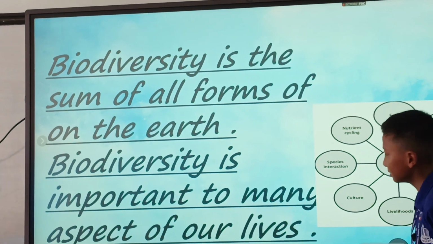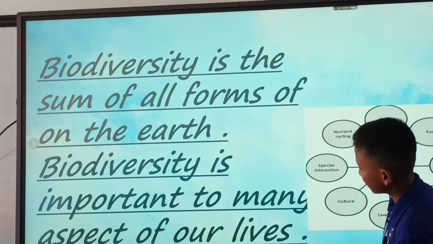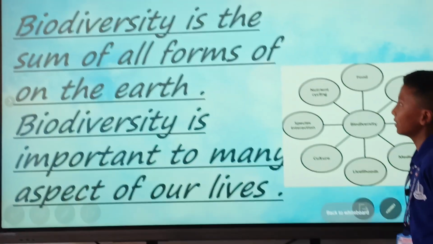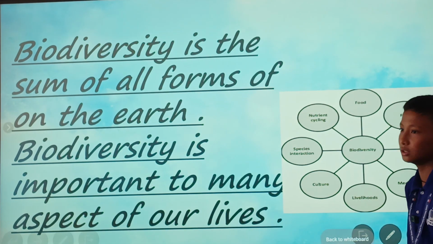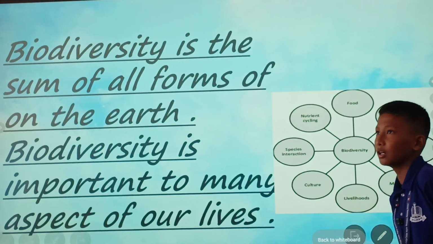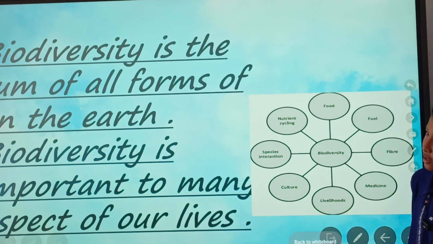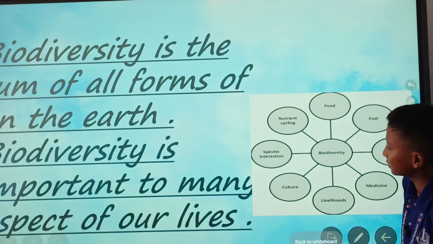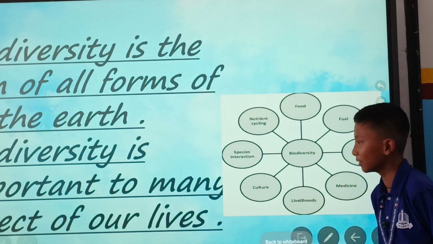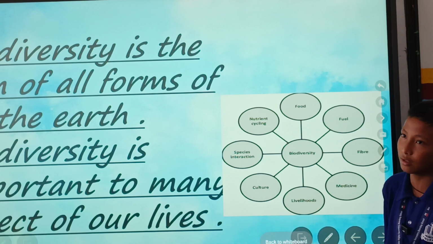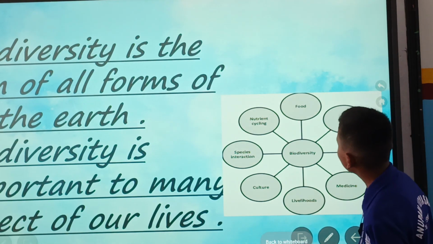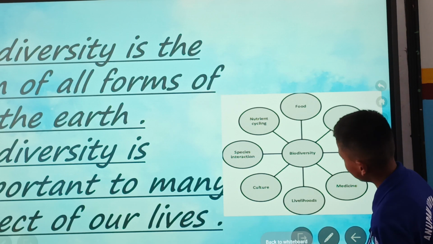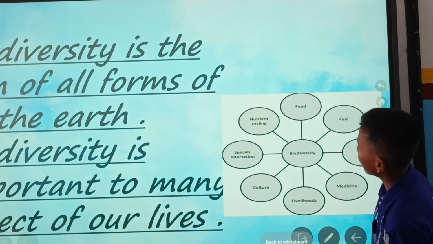Biodiversity is important to many aspects of our life. It has many types.